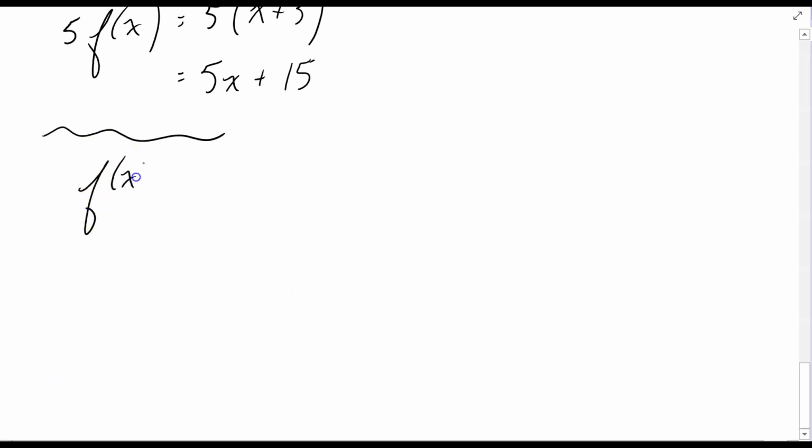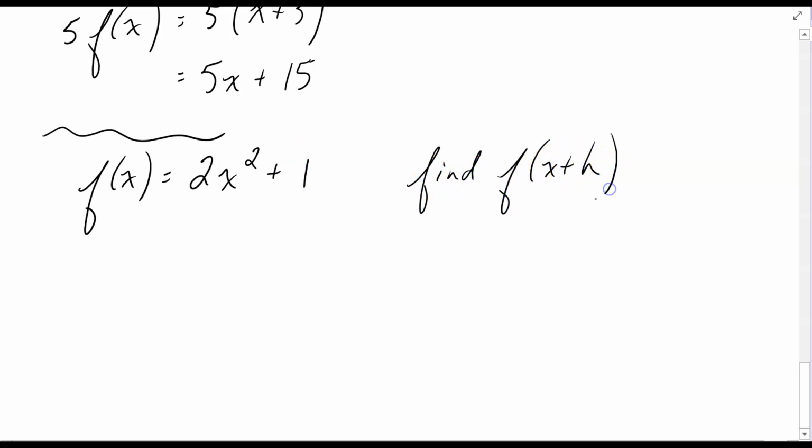Okay, one last one for practice. F of x equals 2x squared plus 1. Find f of x plus h. Pause the video and try that. All right, f of x plus h is equal to 2 multiplied by, the x is now x plus h, and it was supposed to be all squared.